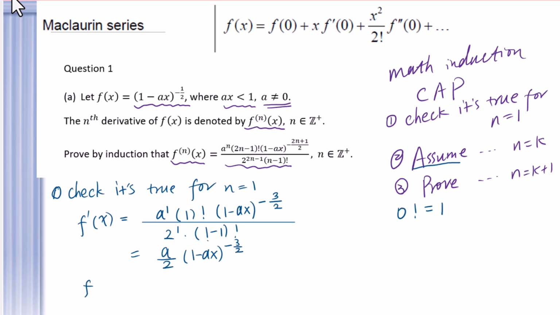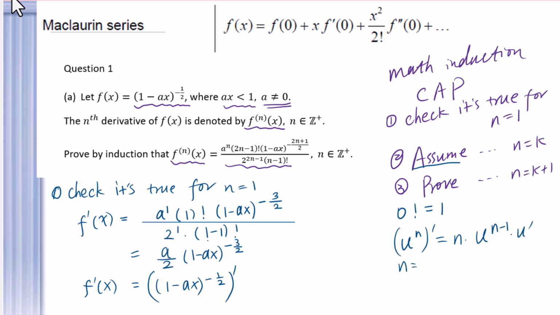Then f prime of x also equals (1 minus ax) to the power of negative 1/2, prime. We do know u to the power of n, prime, equals n times u to the power of n minus 1 times u prime.